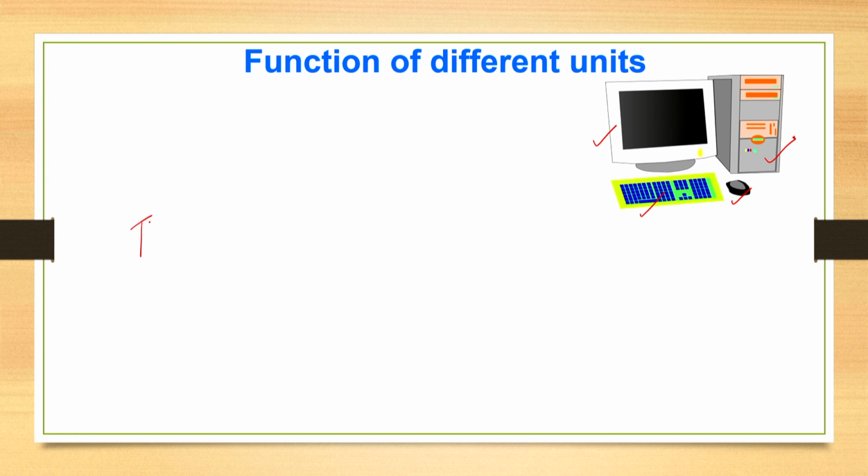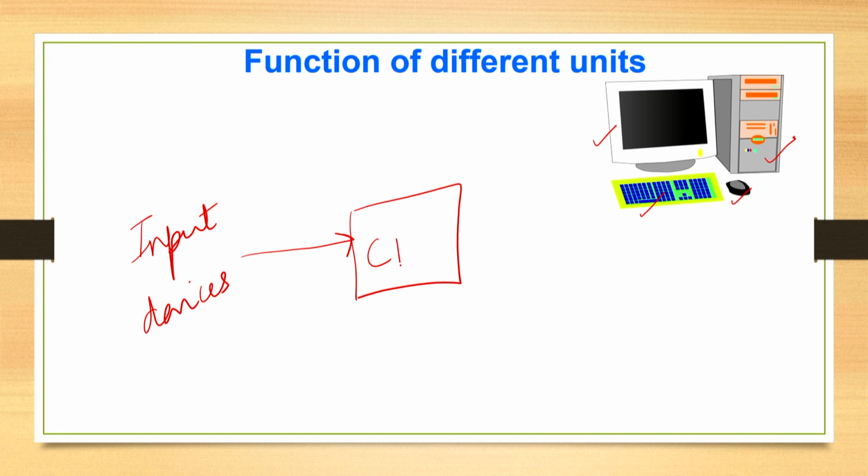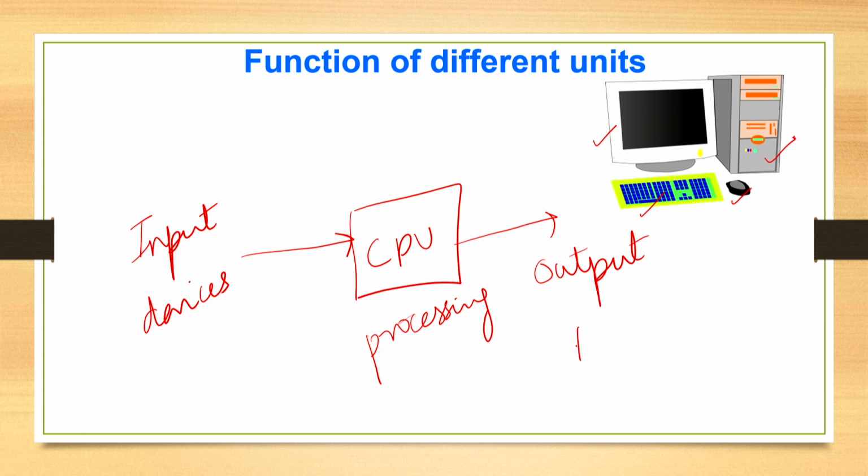So, we get data through input devices, then it is given to the CPU for processing, and after processing we get the output that we call information.